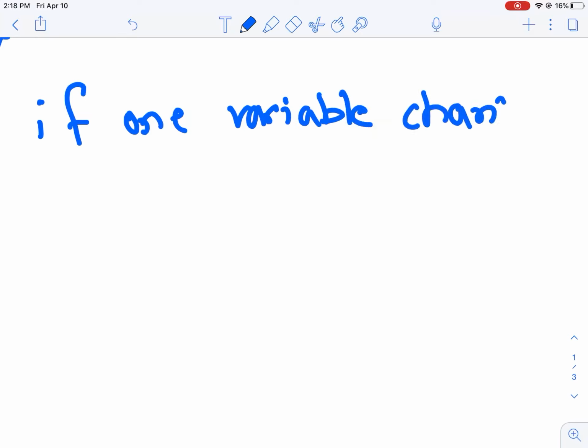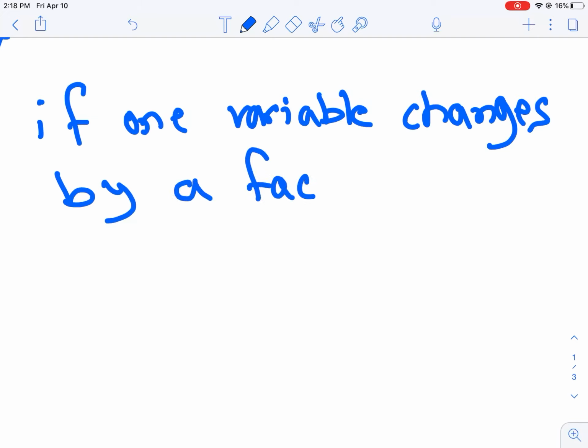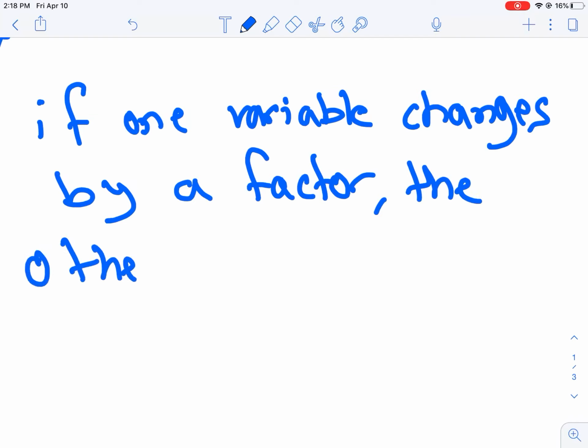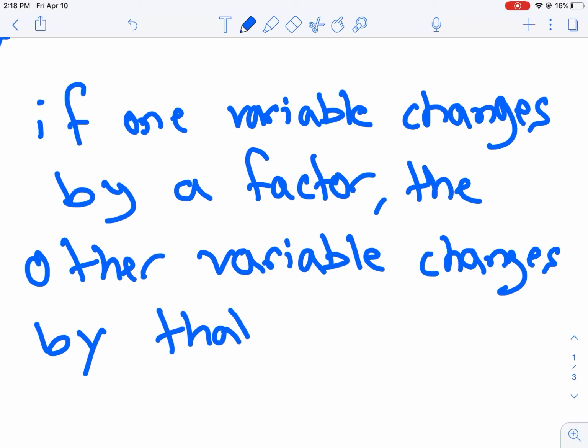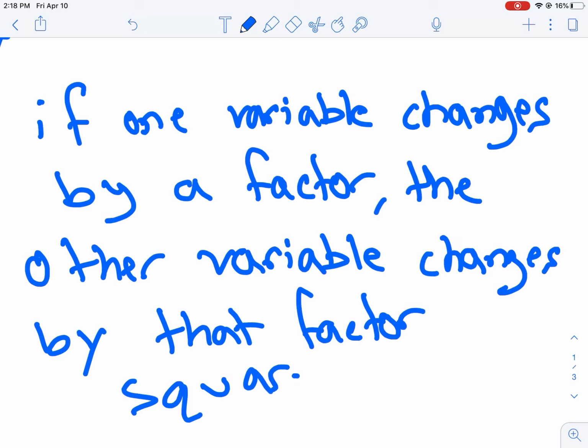A square relationship: if one variable changes by a factor, the other variable changes by that factor squared.